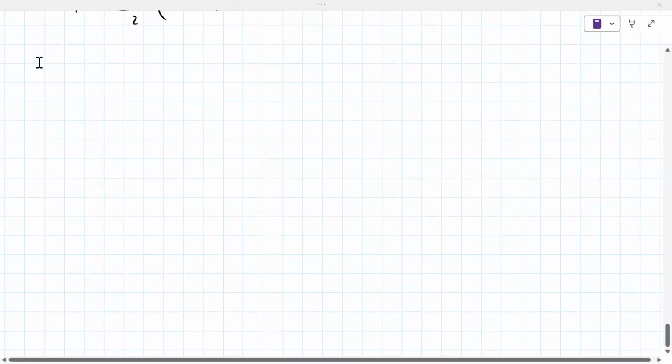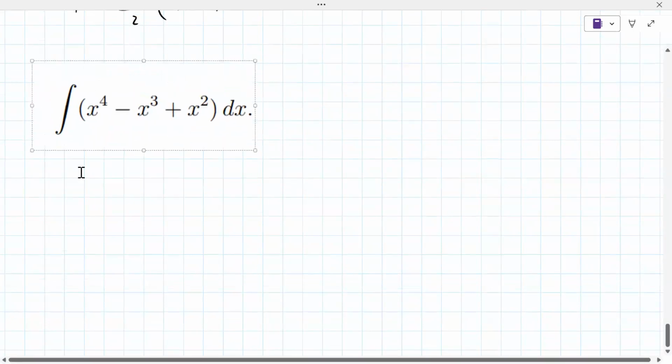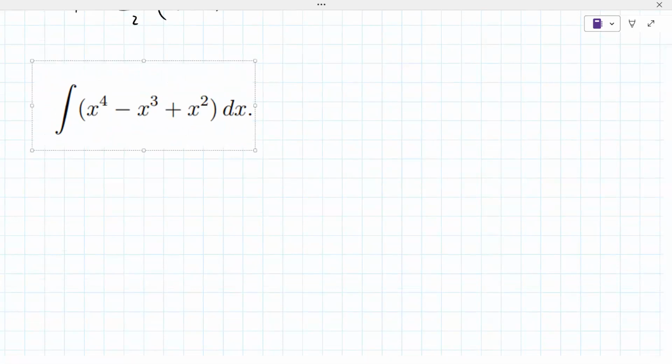Let me know if you're not using this notation. I can't remember. I have to look at our notes. Is notation okay? Yeah, that's good. And I'm finding the antiderivative, correct? That's right.